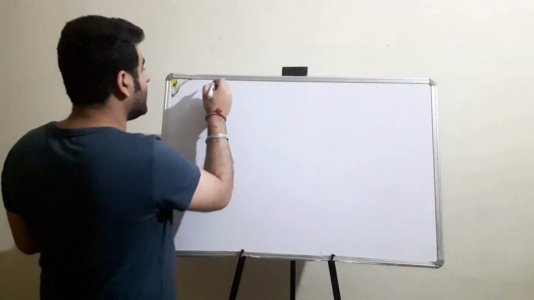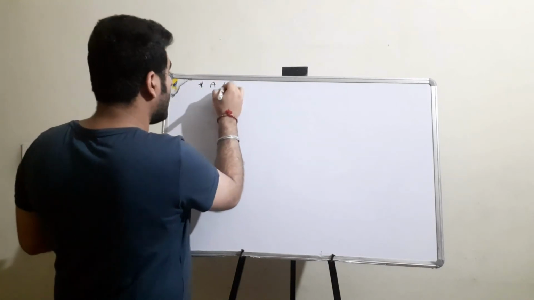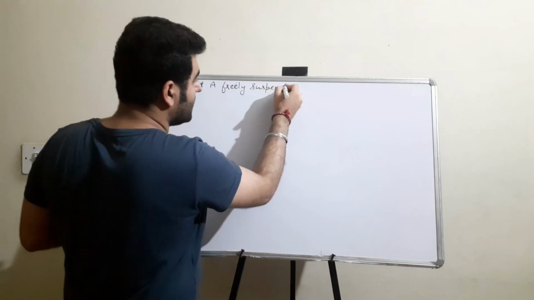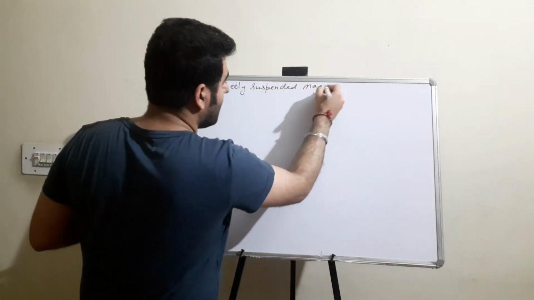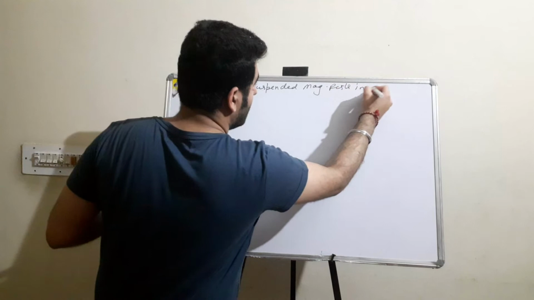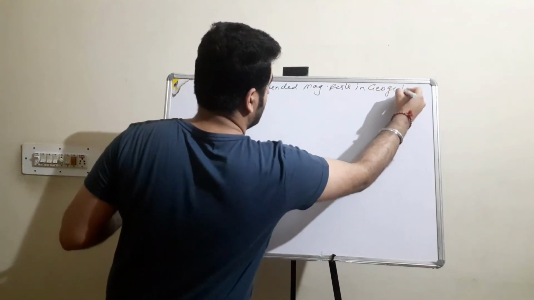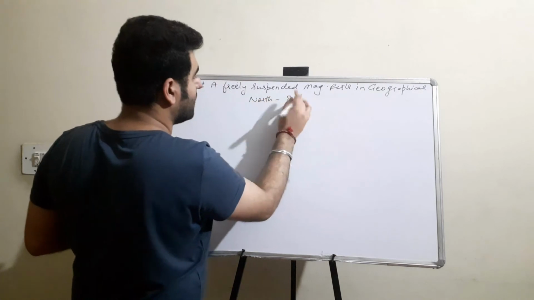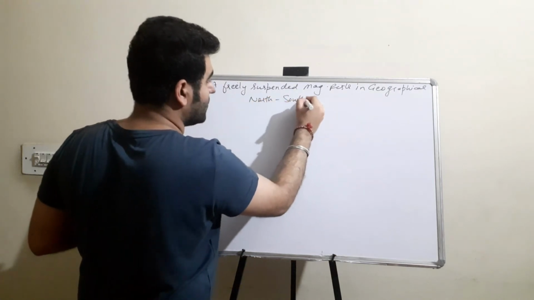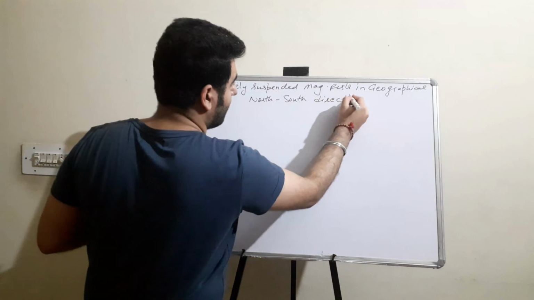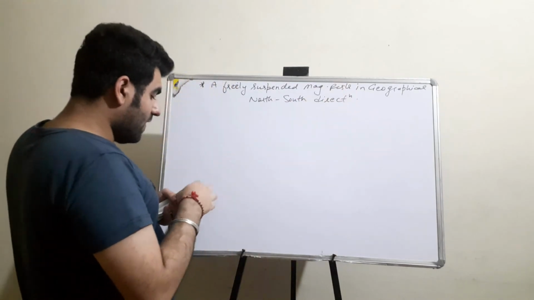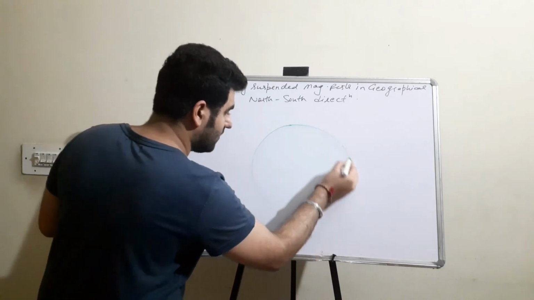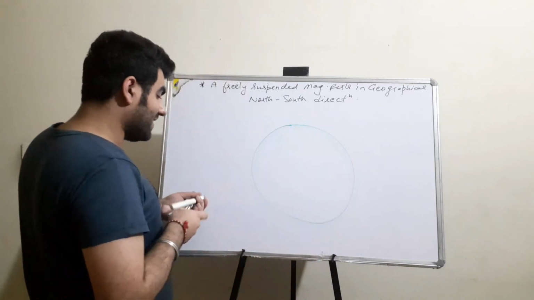Alright, so now we are starting with the first point, that a freely suspended magnet rests in the geographical north-south direction. If we draw the structure of the earth, it is going to be like this.